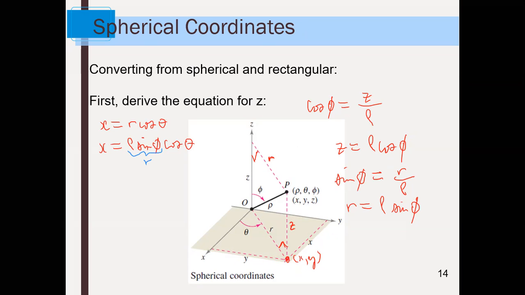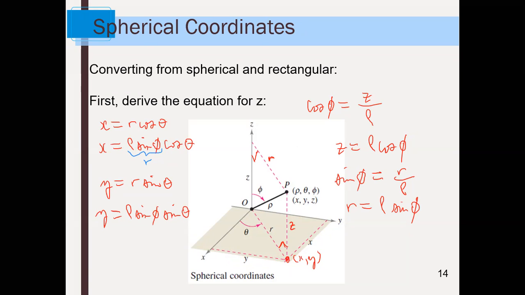What's Y going to be equal to? That's R sine of theta. And if I do a similar replacement, that's going to be rho sine of phi sine of theta. You see? Those look like complicated formulas, but they really aren't.